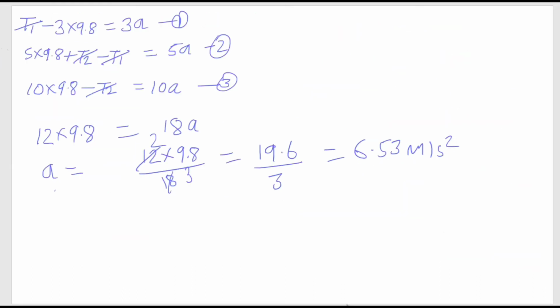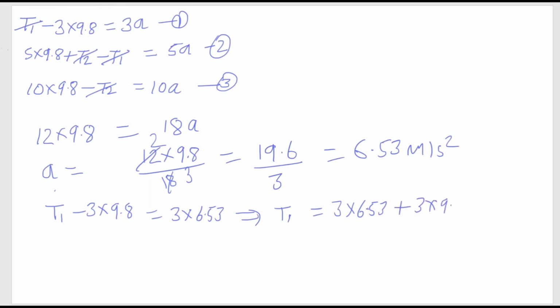Now to find the tension in the first string, that is the value of T1, put the value of the acceleration in the first equation. So T1 minus 3 into 9.8 equals 3 into 6.53. So T1 equals 3 into 6.53 plus 3 into 9.8.